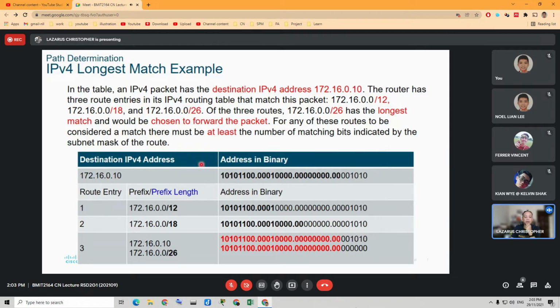You can see there, and sometimes it's difficult, because if you just look without the prefix length, it's quite difficult to decide because they all seem to match. 172.16.0.0, 172.16.